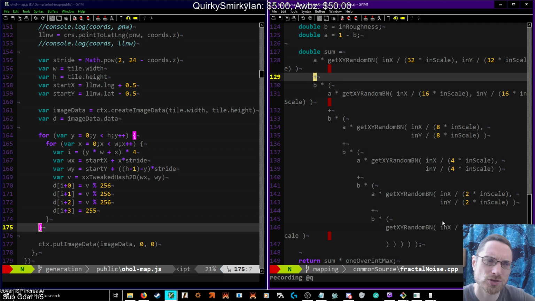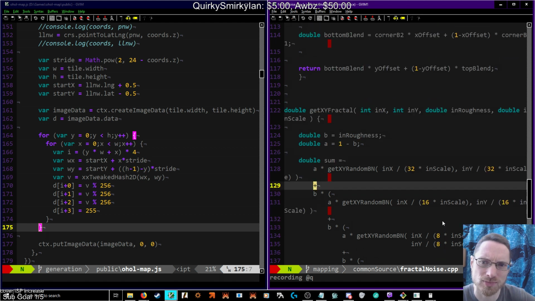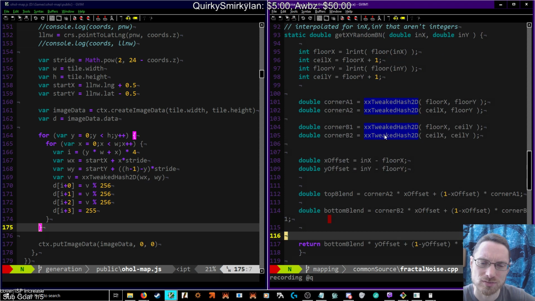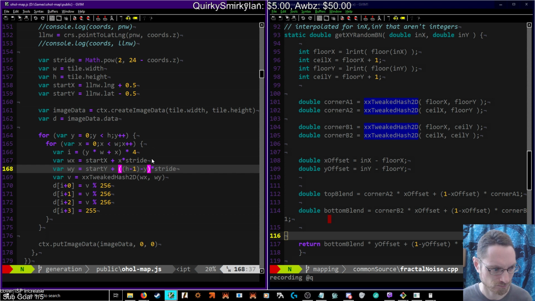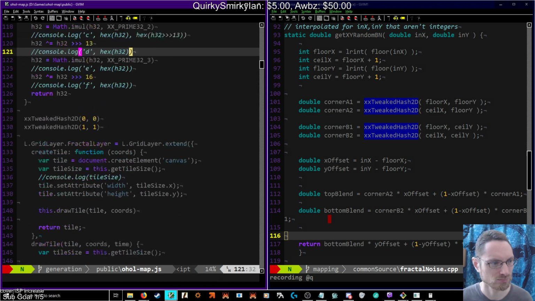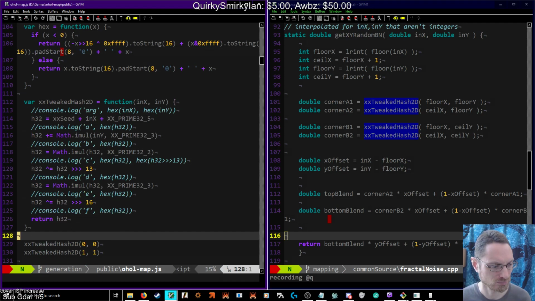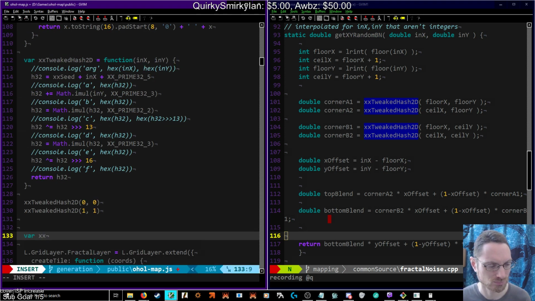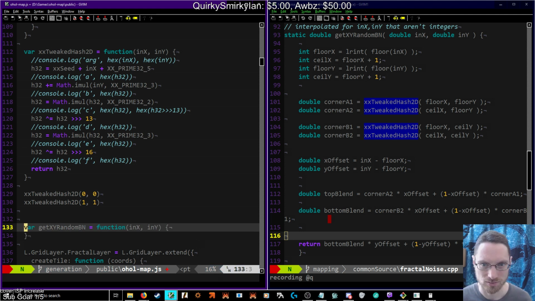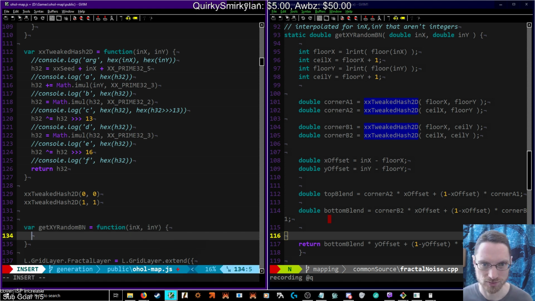So after all of the translation, we have to be able to get something in the middle of somewhere. Hmm. Equals function in y. So these are allowed to be floating point values.